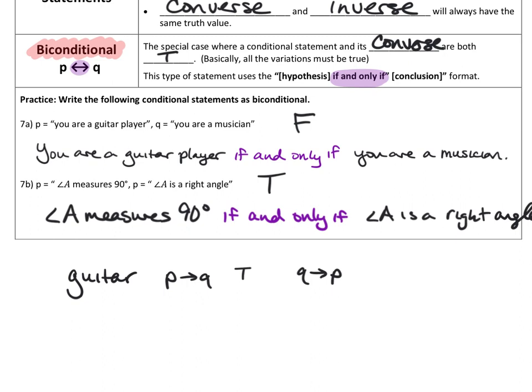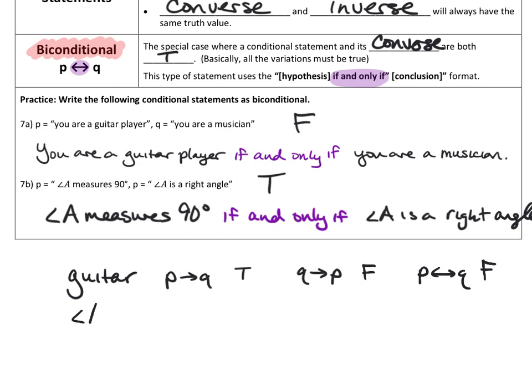Example 4, part A. Did we say true or false? True. So if we say false, are those two statements having the same truth value? So there's no way its biconditional statement can be true because those were not true. So we would say P if and only if Q is also false.